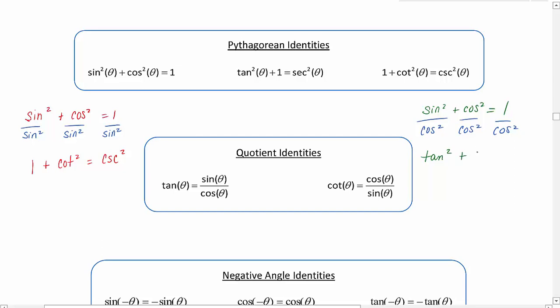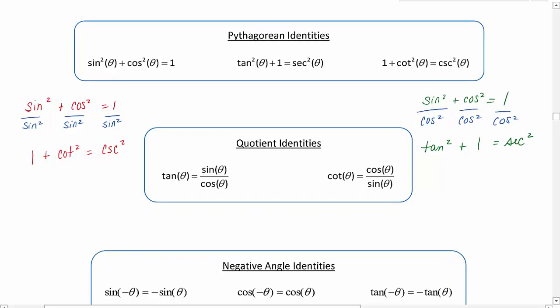Cosine squared divided by cosine squared is 1, and 1 over cosine is secant, so this here will be secant squared, and that gives us the second of the Pythagorean identities. So again, I only memorized the first one, knowing that I can easily derive the other two, and honestly, it's the first one that we are going to use 80% of the time.